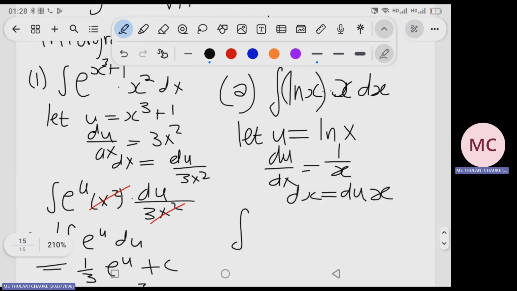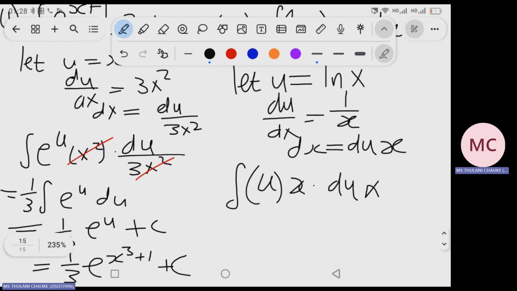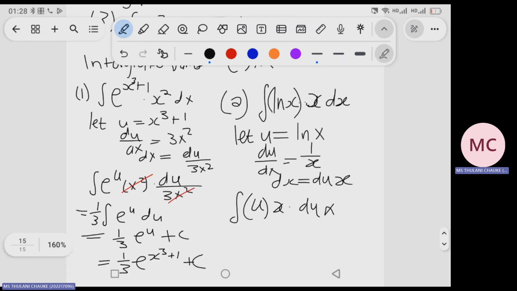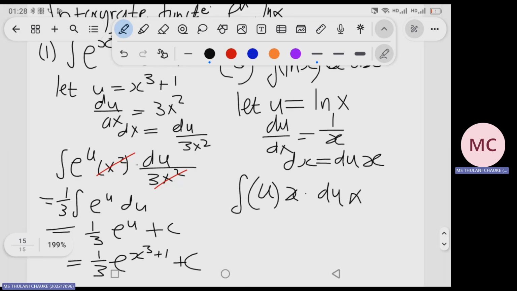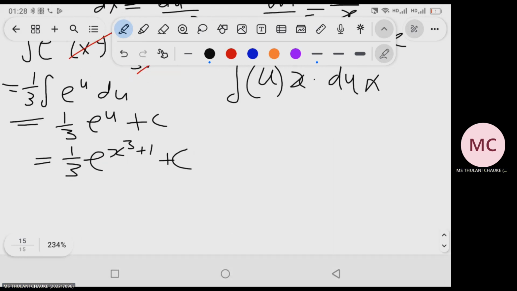So okay, this one, it means you'll have to use integration by parts. Using substitution is not gonna work here. Yeah, this one you'll have to apply integration by parts. So we'll end the session here.